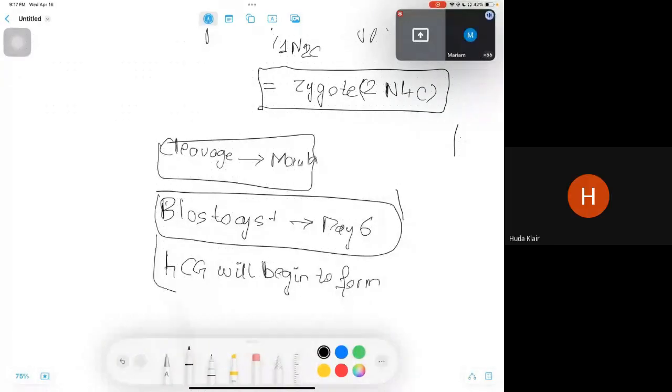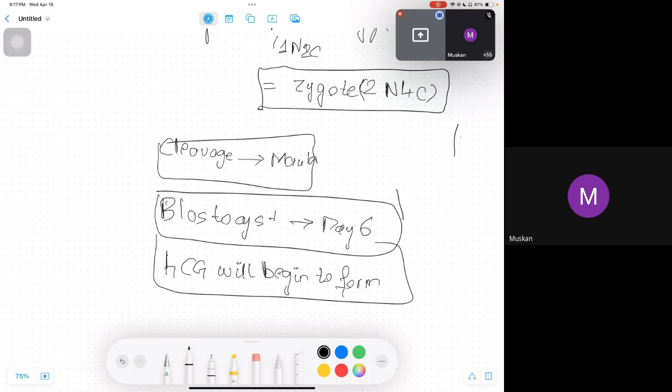Human chorionic gonadotropin. Okay, so a way that they can test you in the exam indirectly is that they can tell you that a scientist is developing a test and he's checking for a special protein in the urine that tells us about pregnancy, whether a mother is pregnant or not.